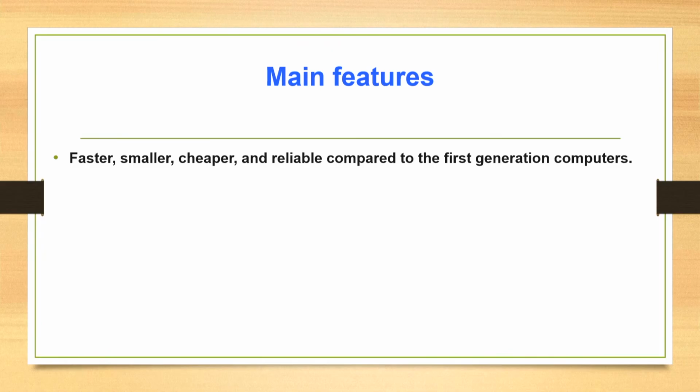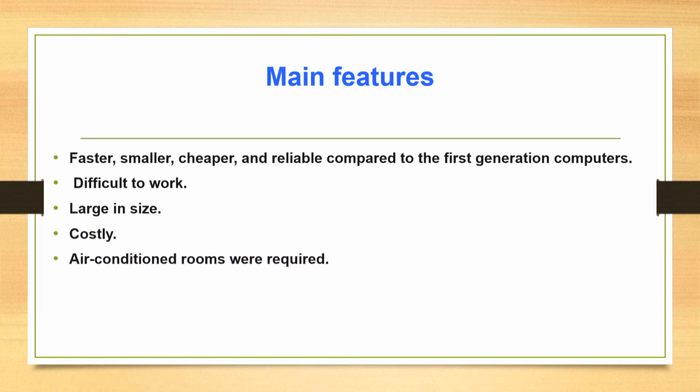What are the main features of the second generation computers? It is faster as compared to what? To the first generation. Smaller, cheaper and reliable. Still, it is difficult to work with it. It is large in size, costly.